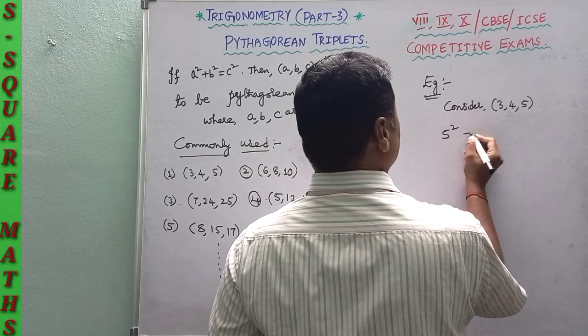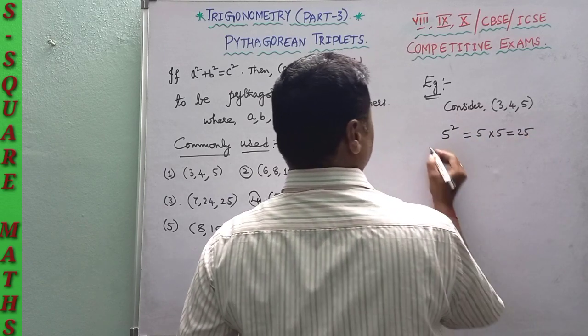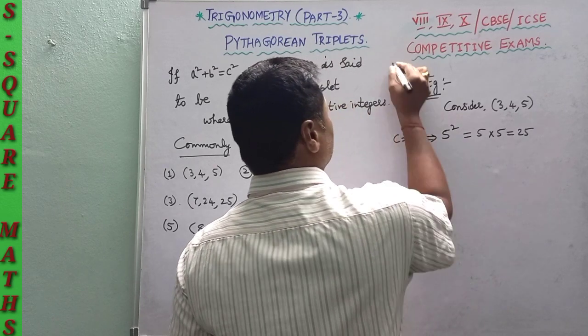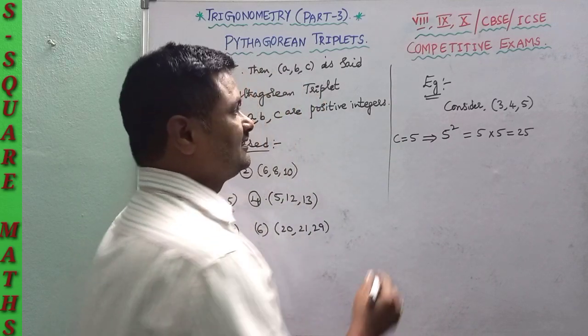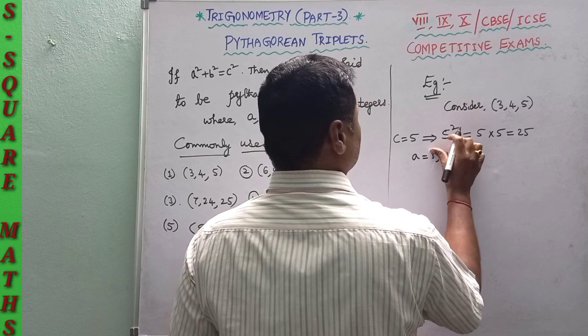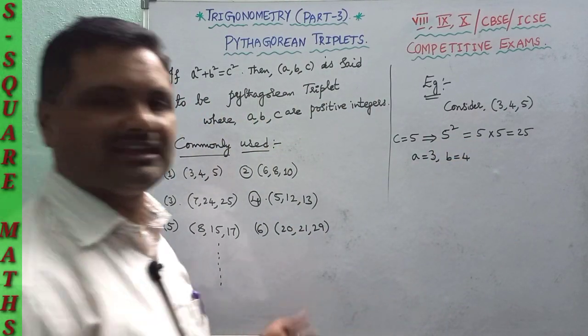So 5 square, 5 into 5, is 25. Here c is equal to 5, and a is equal to 3 and b is equal to 4, or you can take a is equal to 4 and b is equal to 3.